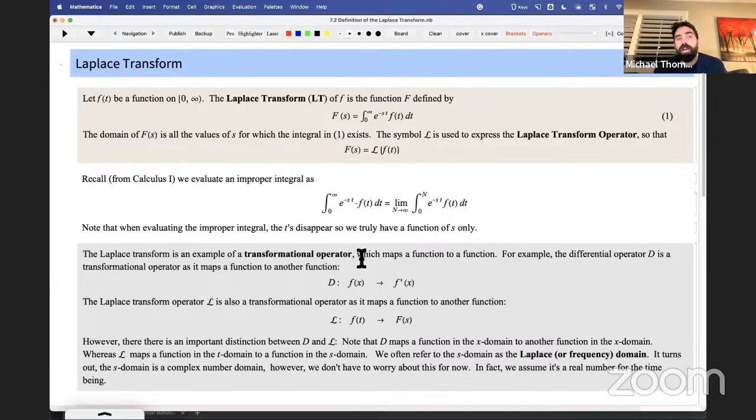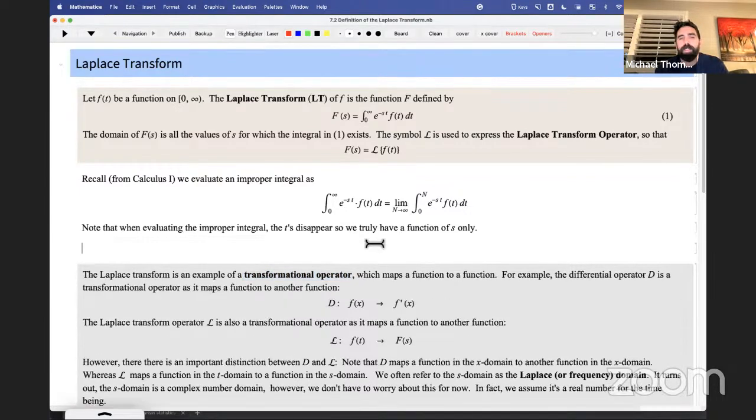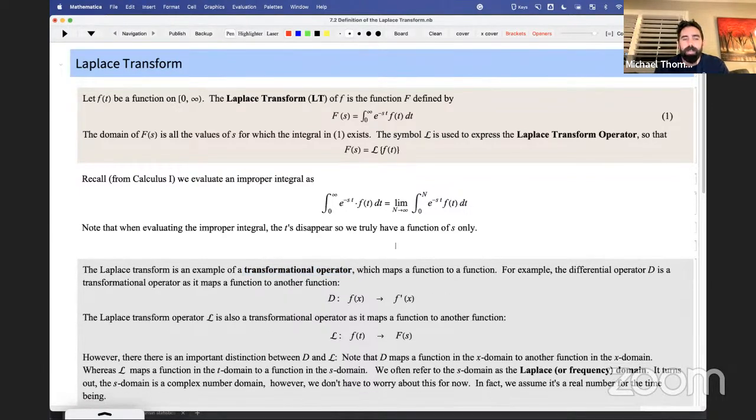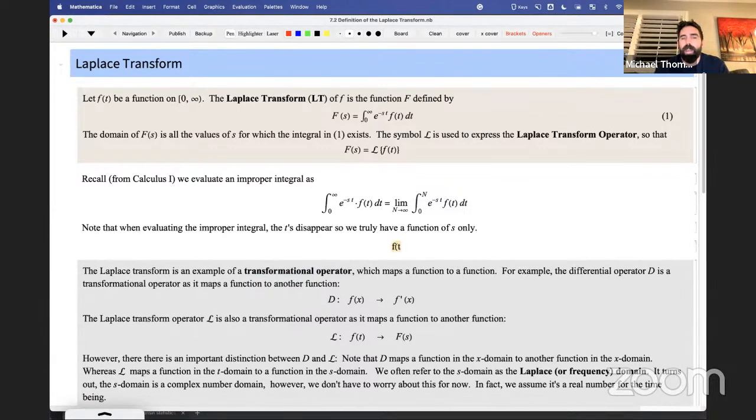All right, so it's important to kind of step back and look at the bigger picture. The Laplace operator is a transformational operator, and a transformational operator is an operator that takes a function to a function. That's very different than a normal function. If I give you a function like, let's say, f of t equals t squared, that's taking a real number to a real number, right?